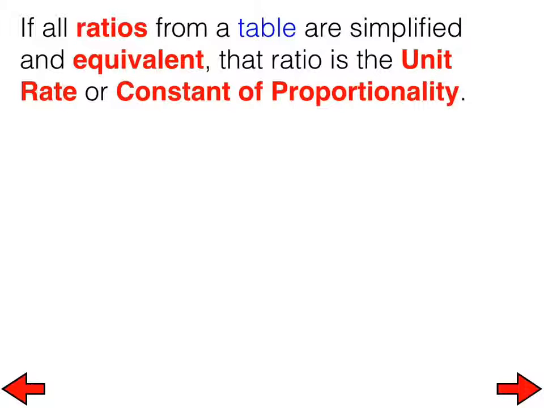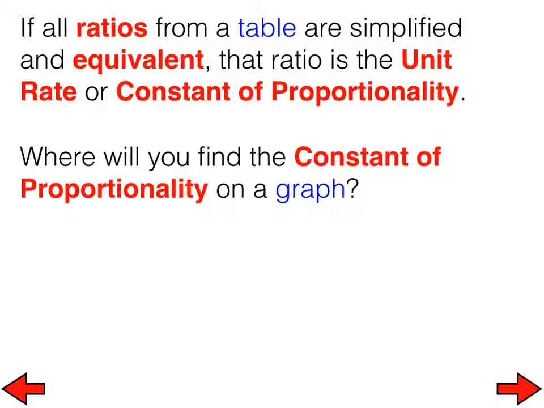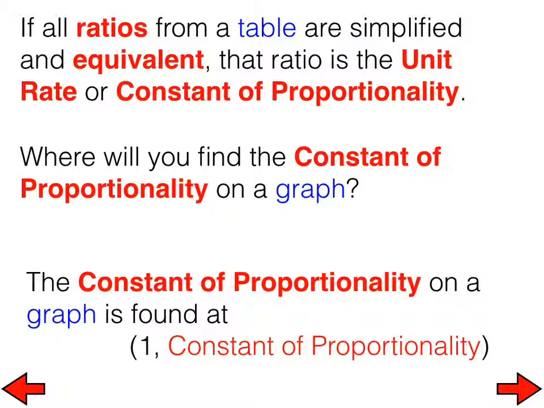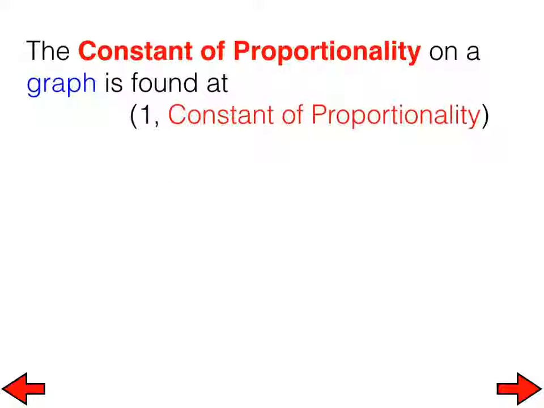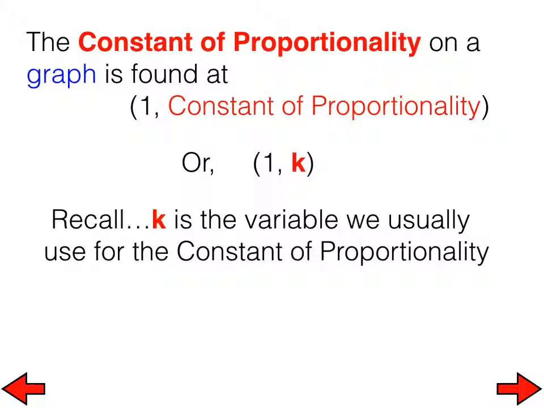Constant of proportionality. Where do you find the constant on a graph? Sean? Good. Where the point (1, K) is. K is what we use to represent that whole big old long word, constant of proportionality.